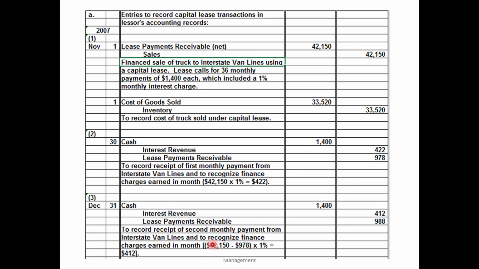So the interest comes out to be 412. Since an equal amount is paid as installment, the lease payment receivable would increase by 10, and it is going to be 988 as compared to 978 in the first payment.